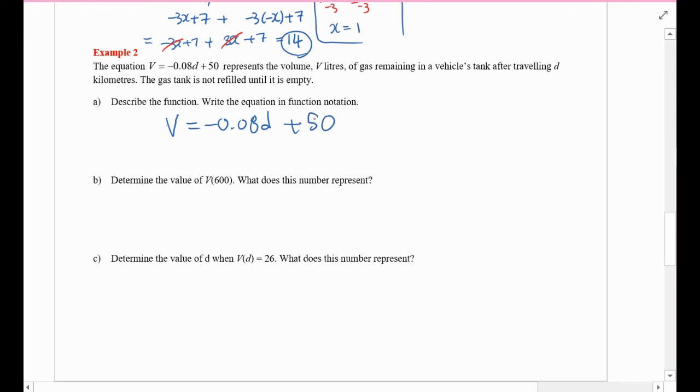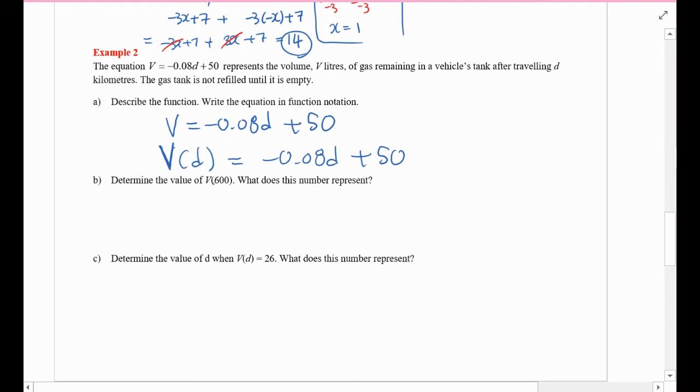This is the equation, but we're going to change this to function notation. You're using D here, so we're going to use V as a function name, and the variable will be D: negative 0.08D plus 50.